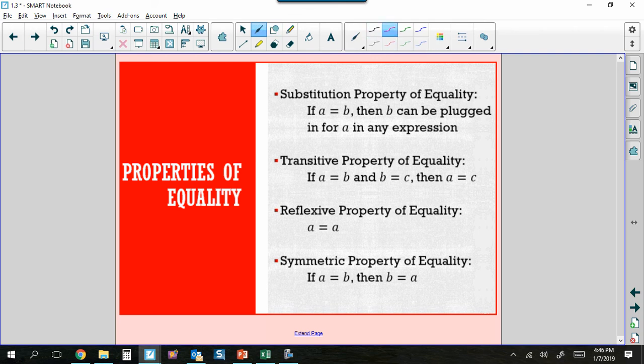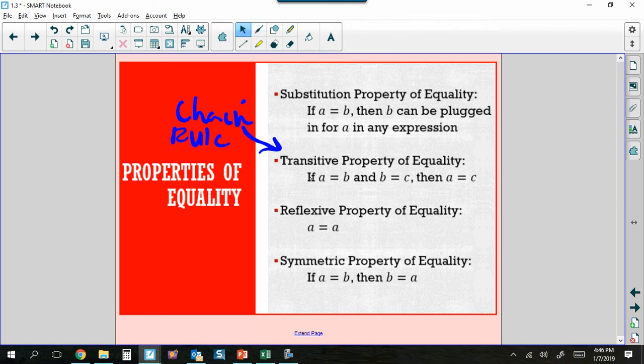If you look back at what we said the chain rule was, it's like you have this middle piece that is linking the whole thing together. If A is equal to B and B is equal to C, then A must equal C. So we're talking in terms of equations here. You can also have congruency statements. So those could be if A is congruent to B and B is congruent to C, then A must be congruent to C.